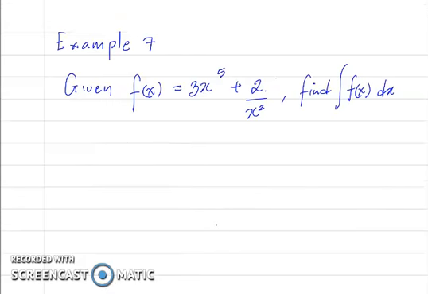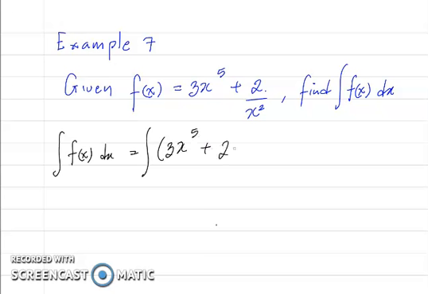All right, example 7. Here we are asked to find the integral of the sum of two functions in x. So the integral of f of x with respect to x is equal to the integral of 3x to the fifth power plus 2x to the minus 2, with respect to x.